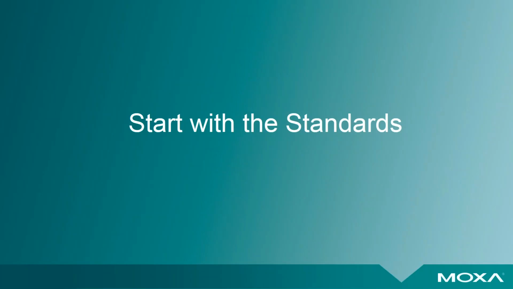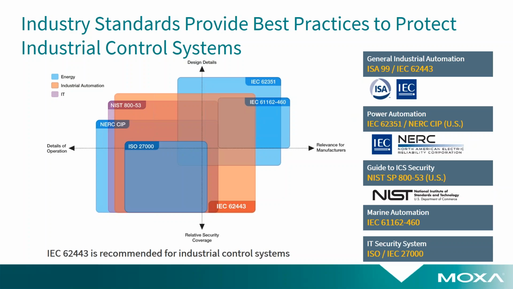The question we typically get from a lot of customers that are starting their journey on cybersecurity is, where do I start? And we typically want to point them towards the standards. So here's a handful of the top standards that we see in the U.S. ISA 99, also known as IEC 62443, is one of the top standards.